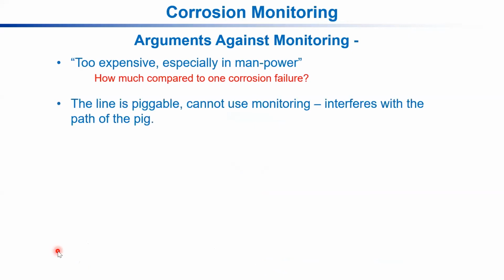Another one: the line is piggable, I cannot use monitoring, it will interfere with the path of the pig. Well, this is true when flush mounted type monitoring devices cannot be used, but in reality it's not true, because you can put them in locations that are not in the path of the pigs.